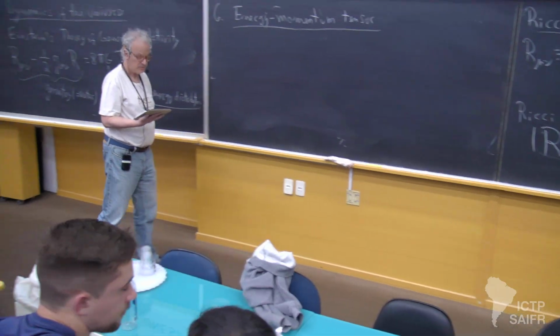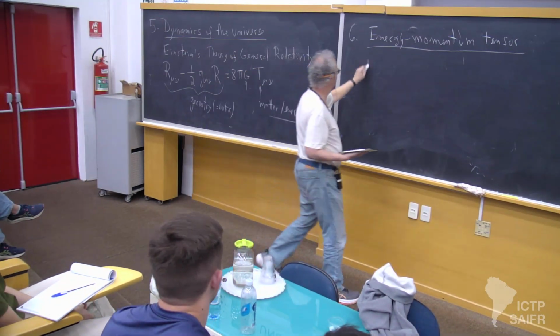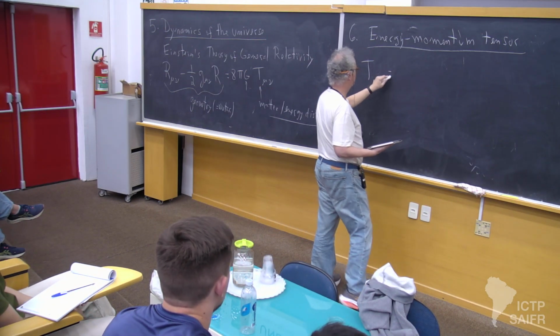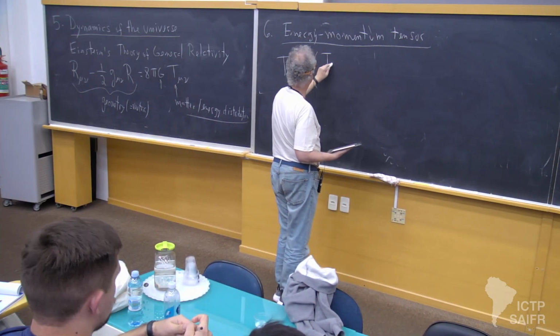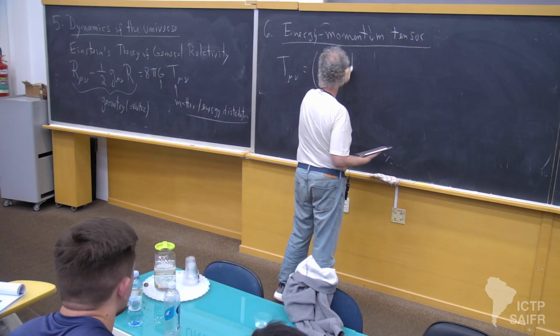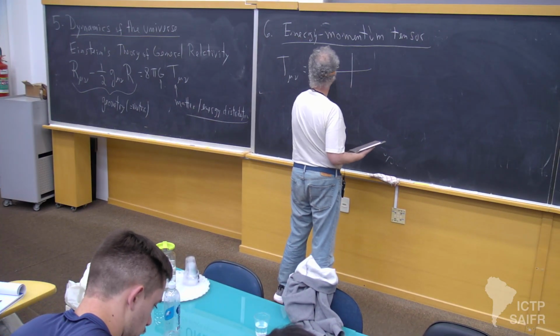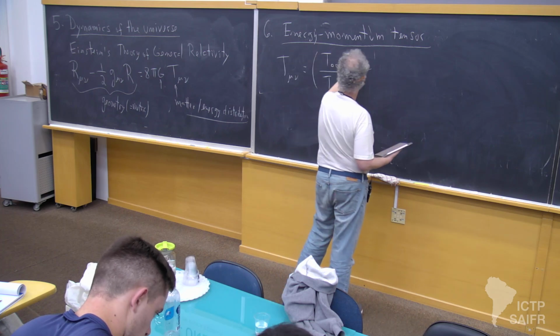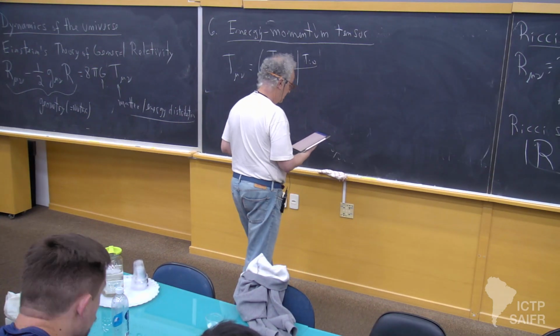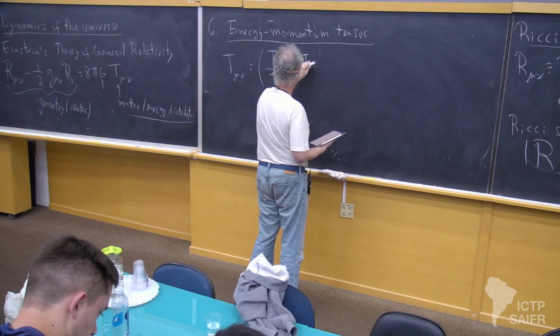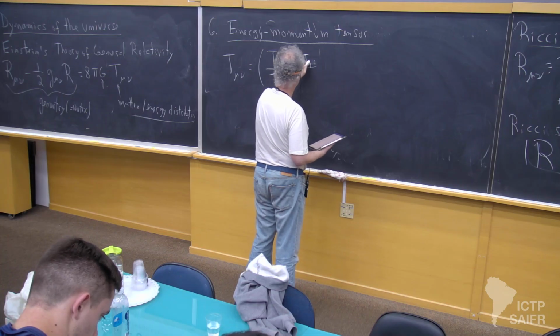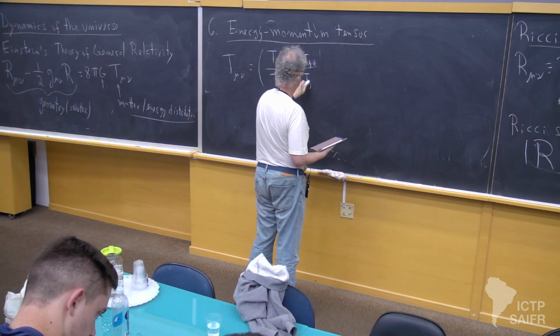In general, the energy momentum tensor, T mu nu, is a 4 tensor, so it can be divided into a 00 component, T0i, Ti0, and Tij.